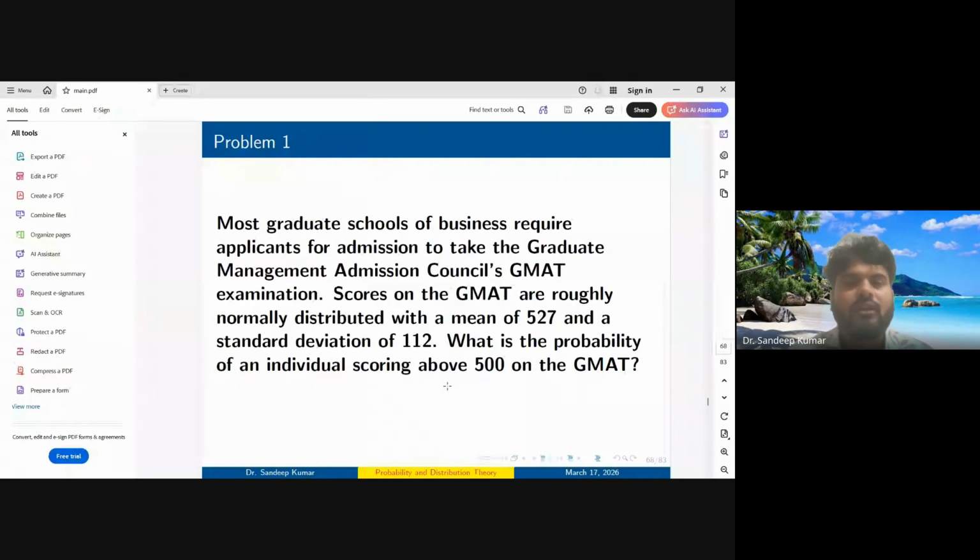First problem: most graduate schools of business require applicants for admission to take the Graduate Management Admission Council GMAT examination. Scores on the GMAT are roughly normally distributed with a mean of 527, that is mu, and standard deviation, that is sigma, of 112. What is the probability of an individual scoring above 500 on the GMAT?